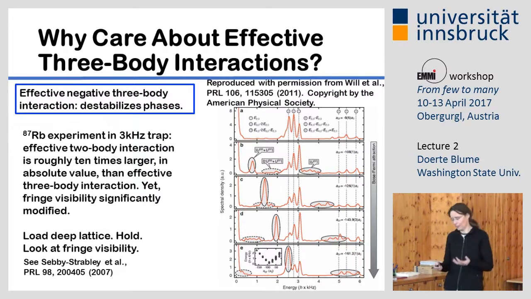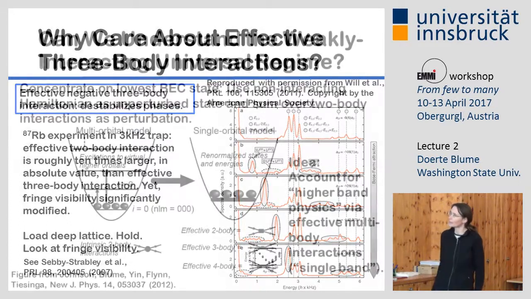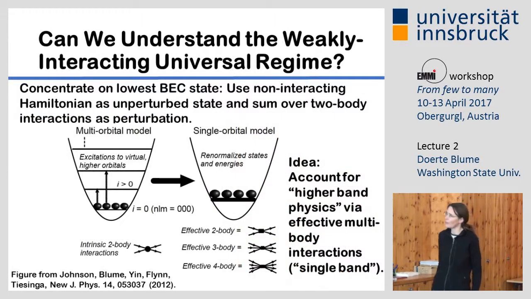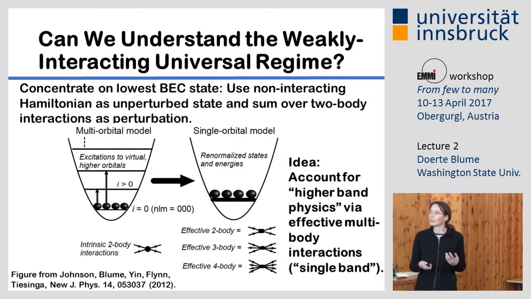So we have these effective interactions, and if we go back and you remember my motivation for looking at this, I said, well, what I like to do is look at the weakly interacting regime, and see if there is a dependence on a real three-body parameter, even in the weakly interacting regime.